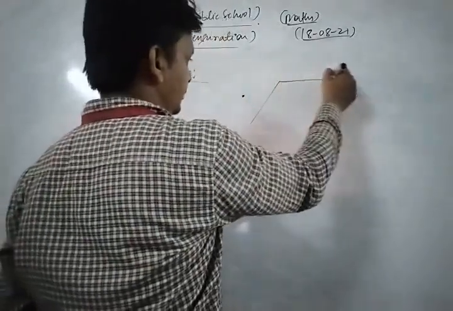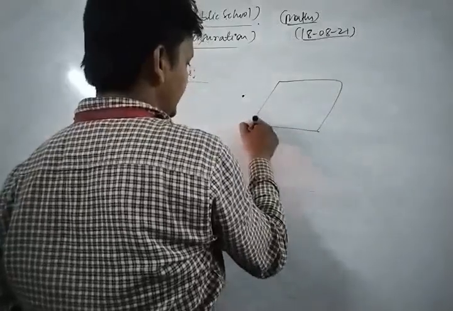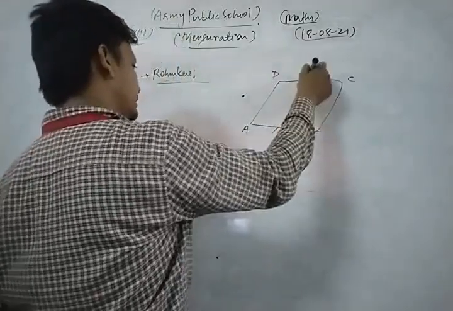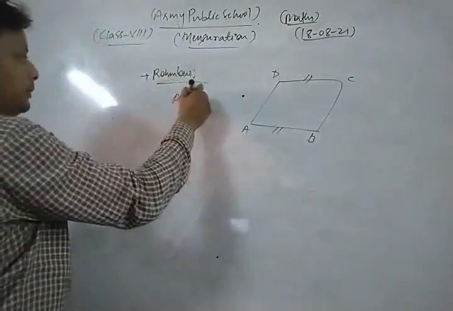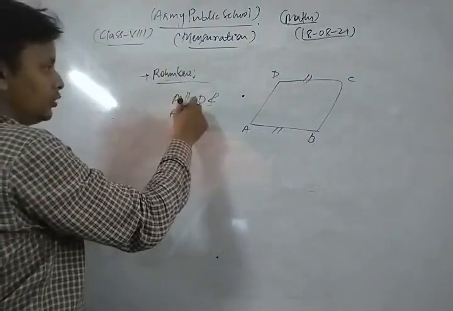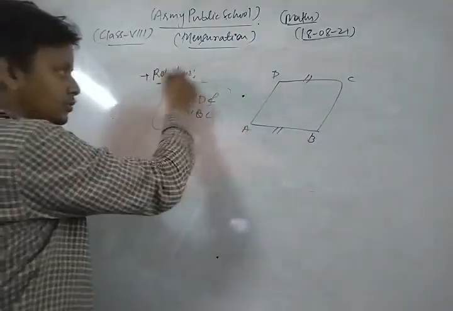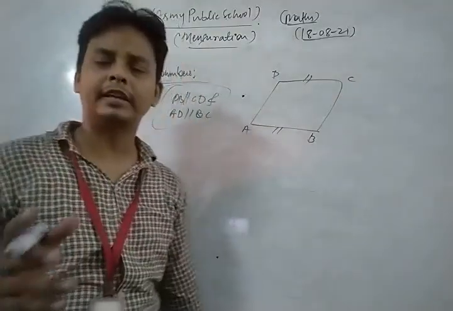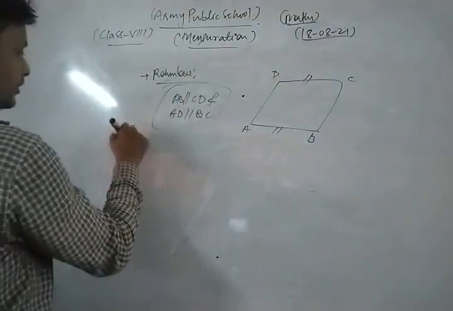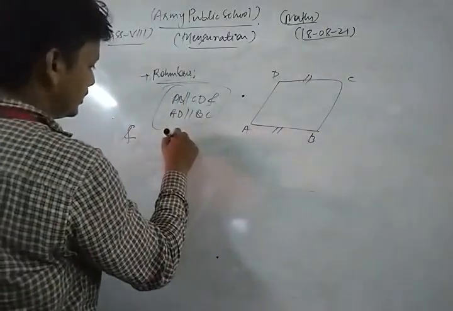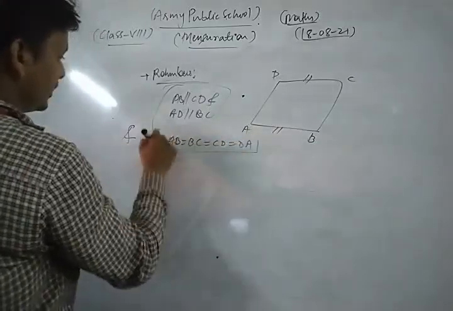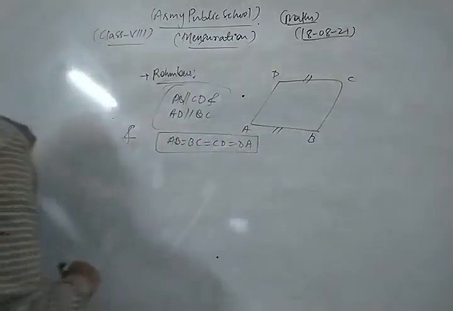Suppose ABCD is a rhombus in which opposite sides are parallel, that is AB parallel to CD and AD parallel to BC. The rhombus is a special type of parallelogram in which opposite sides are parallel and all sides are equal, that is AB equals BC equals CD equals DA.